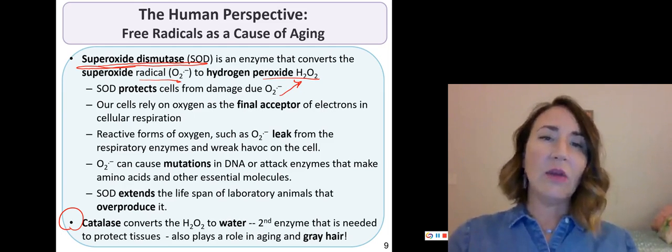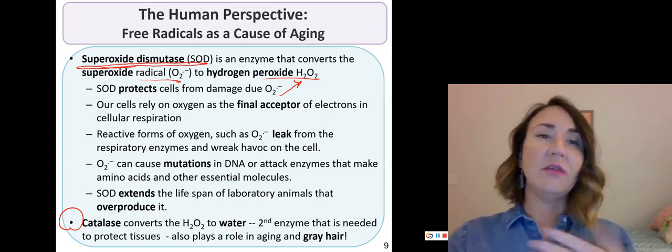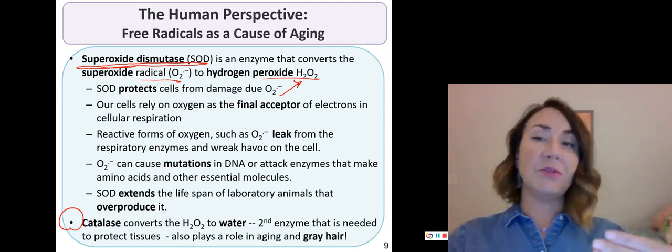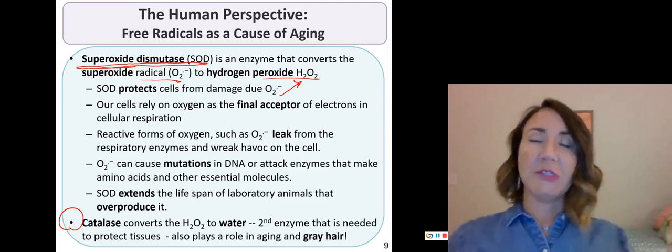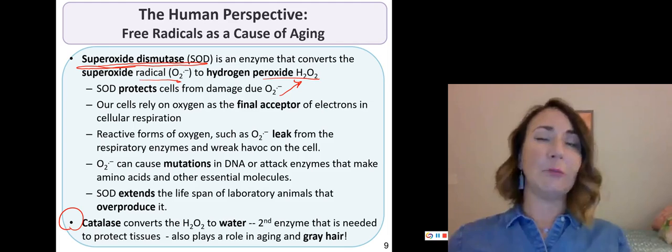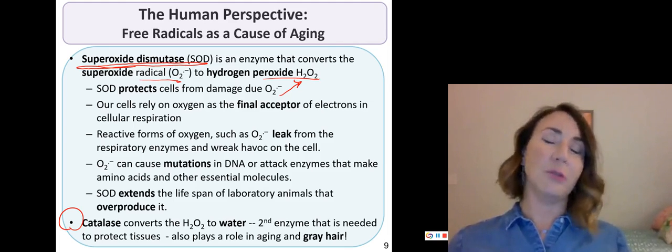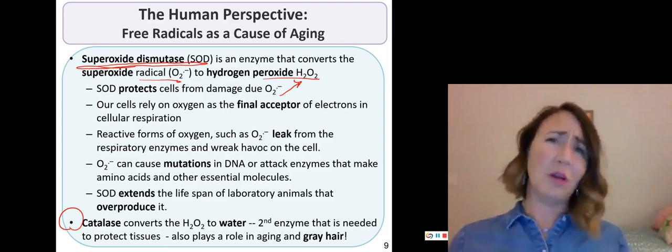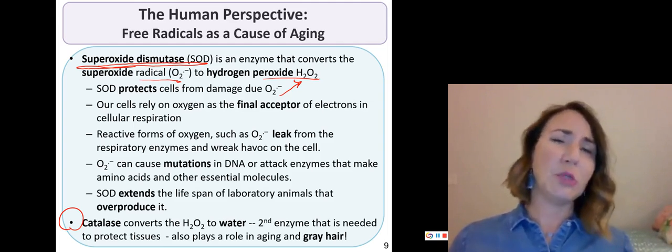And it's very important in the sense that it allows oxygen to be the final acceptor of electrons during cellular respiration. When we talk about the cellular respiration cycle, the electron transport chain requires lots of oxygen, as does the Krebs cycle, but we're going to get most of our oxygen from the electron transport chain.